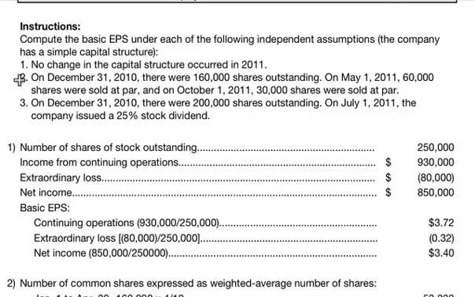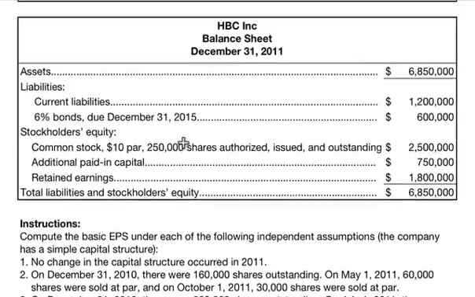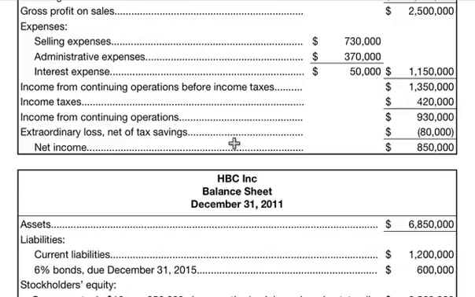So, for number one, we just need to compute the basic earnings per share. The first thing we need to know is that there are 250,000 shares authorized, issued, and outstanding. That comes from the balance sheet.